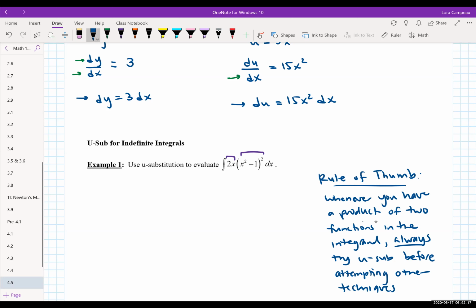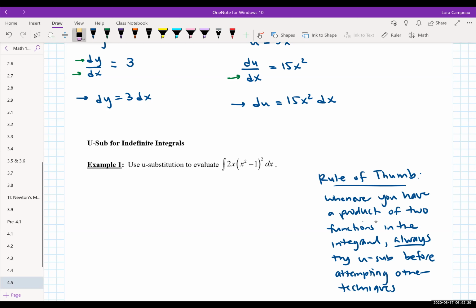So how do we do USub? We're demonstrating it. They want us to use it to evaluate, even though we don't have to. But let's look at this a little more in depth. The first thing I want to pay attention to is anytime you see something more complicated taken to a power.